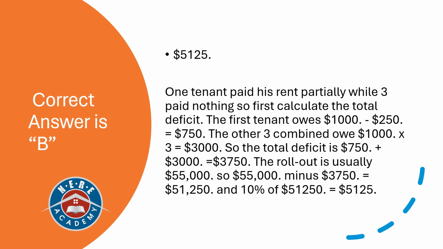So we now have another deficit of $3,000, giving us a total of $3,750. The rent roll is usually $55,000. So if we take that $55,000 and we minus $3,750, that gives us a gross income of $51,250. And 10% of that amount is $51.25.